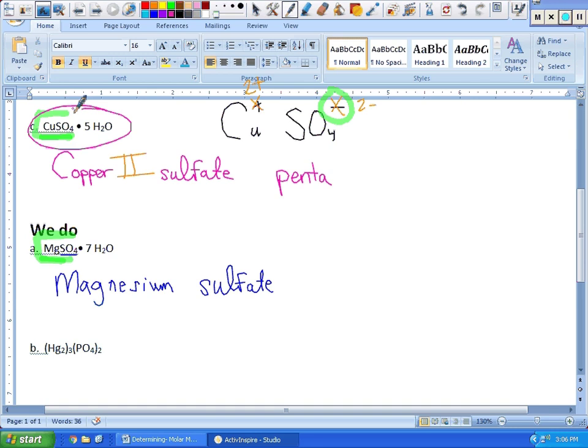Hold that question. So if you ever see a dot water, you name the compound as normal, then add the prefix for the amount of waters, and then add the word hydrate.